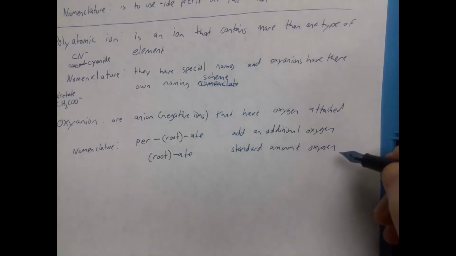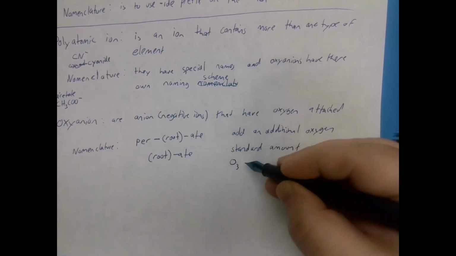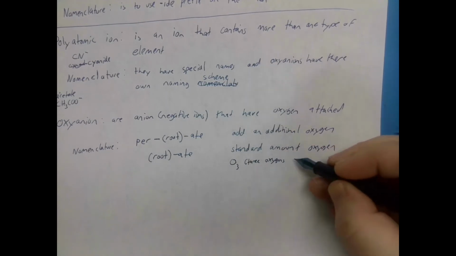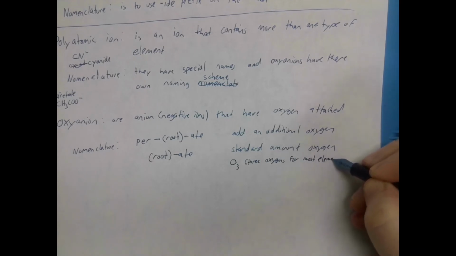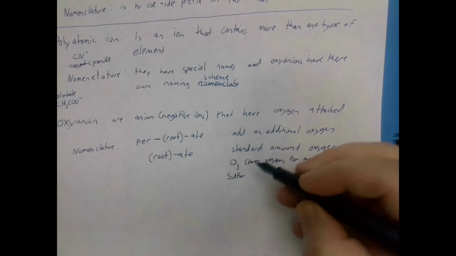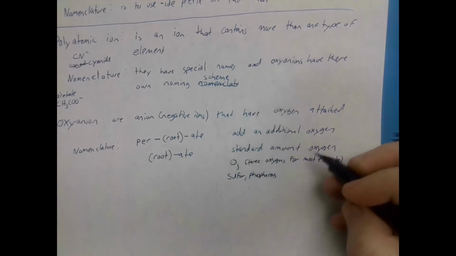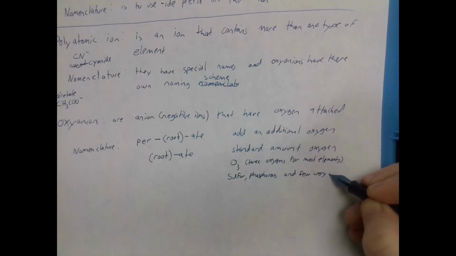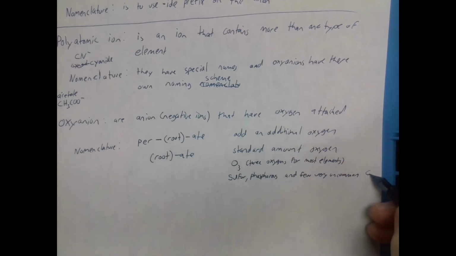So the standard amount of oxygen is usually 3 oxygens. 3 oxygens for most elements. Sulfur, phosphorus, and a few very uncommon ones, their default is O4.